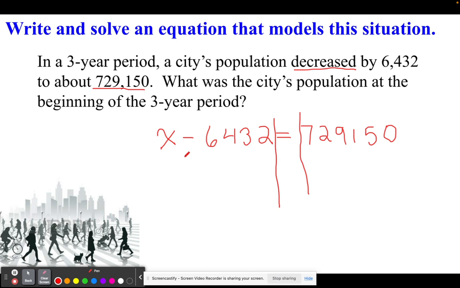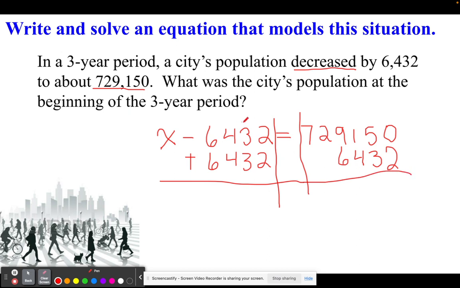So now I need to add 6,432 to both sides. And I have absolutely no objection to you using a calculator on these problems. I hate when students go through all the effort of setting up a problem, doing everything correctly, and then making a little math error.